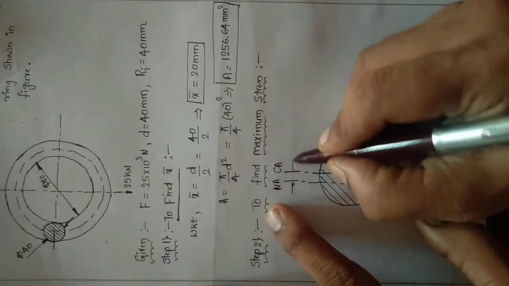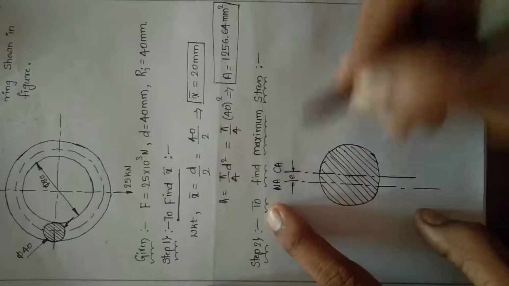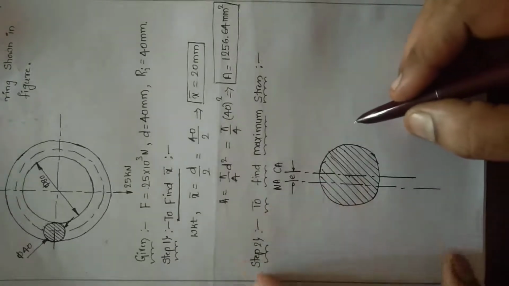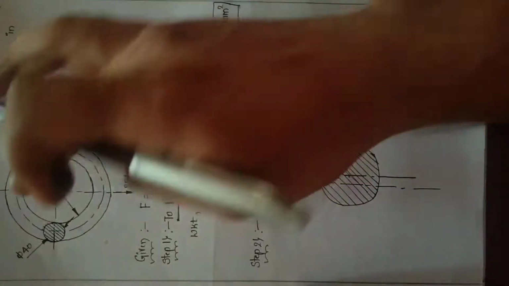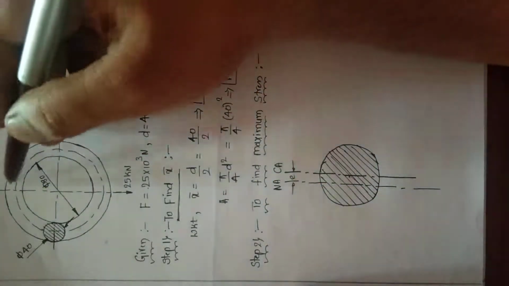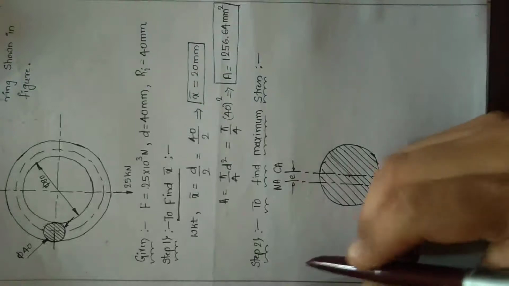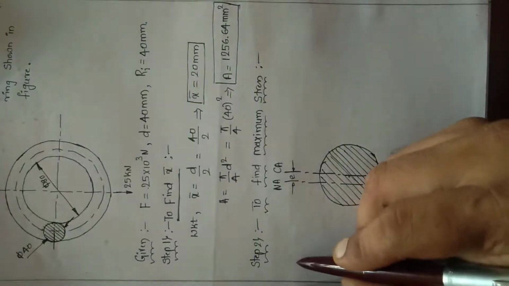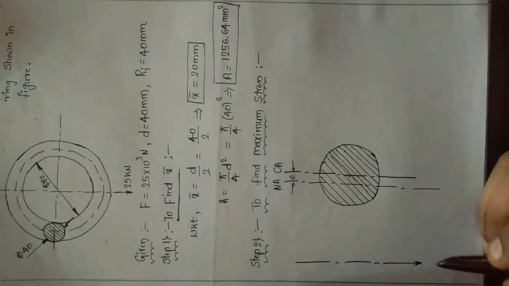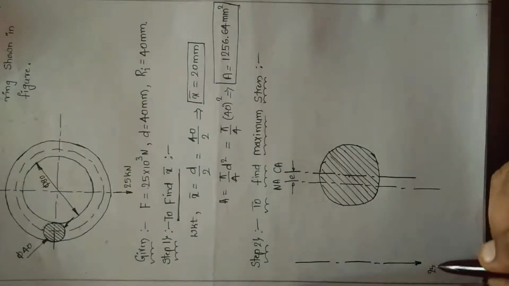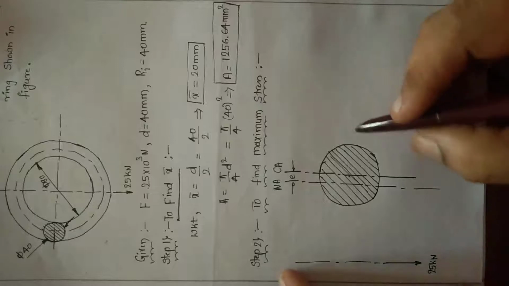The distance between these two is e. Now where is my radius of curvature? I will consider this quarter part, because we have derived this quarter part itself. So here my radius of curvature and load are the same. This is the 25 kilo Newton load I have.